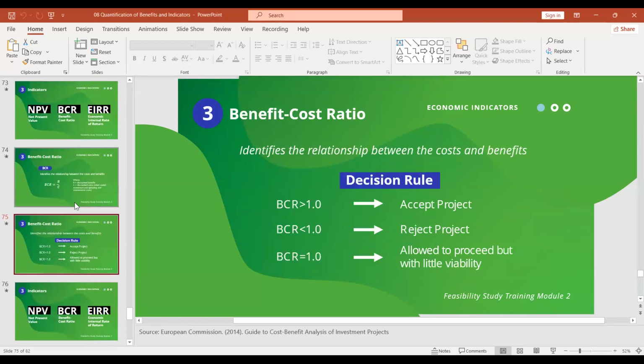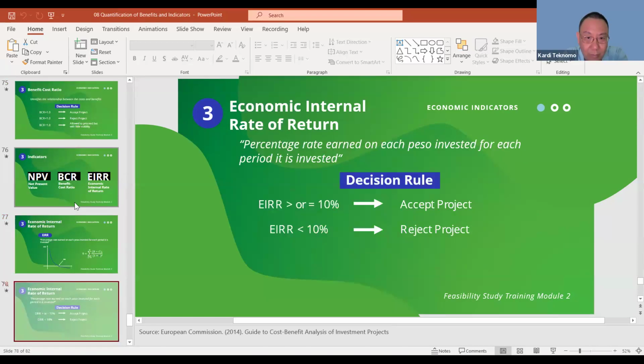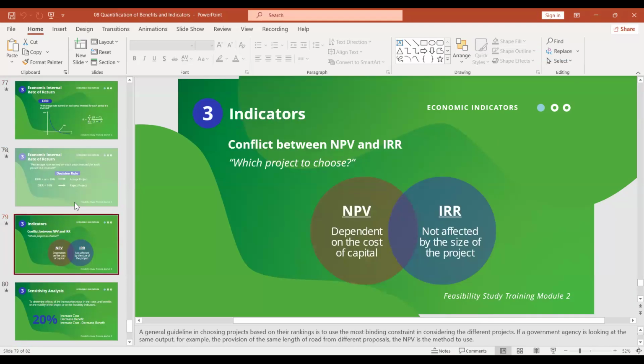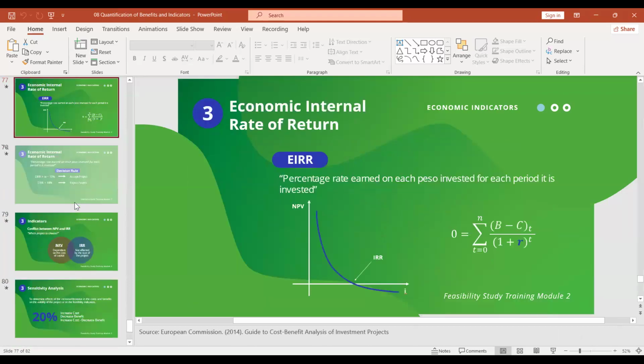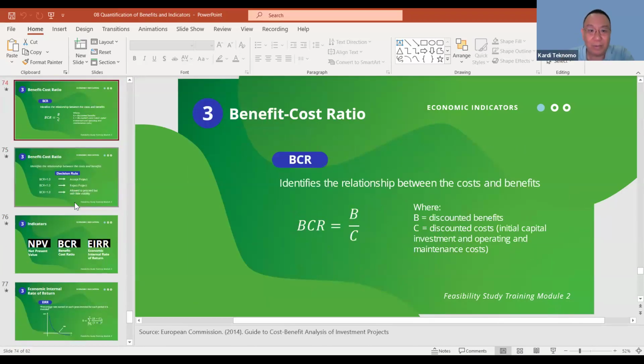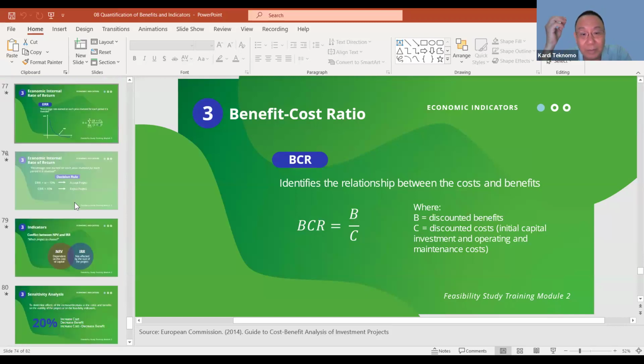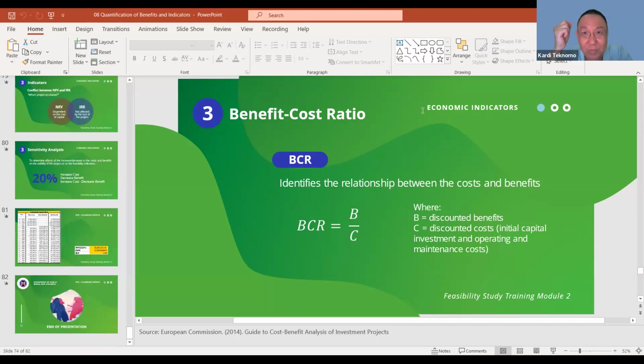For the benefit cost ratio, if it is greater than one, accept the project, less than one reject, and equal to one may be considered. And then IRR also, that decision rule I mentioned a while ago. This is not accept. This is just feasible.